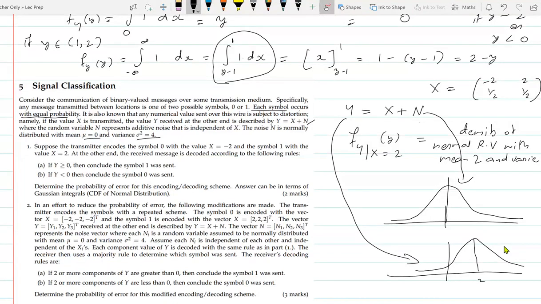Similarly, we can also find f of y given x equal to -2; the mean will be shifted to -2 instead of 2. So you understand how to find the density function of y given x equal to something.